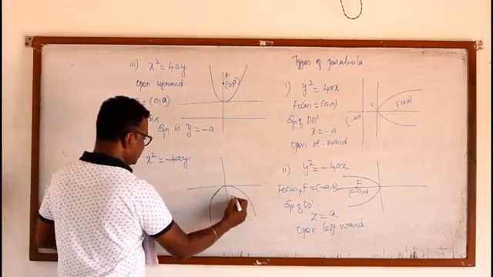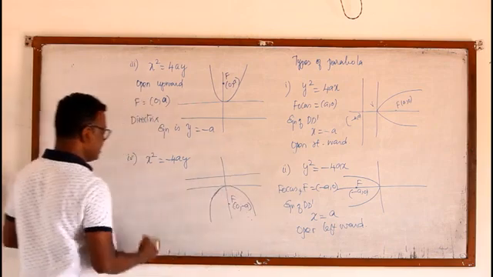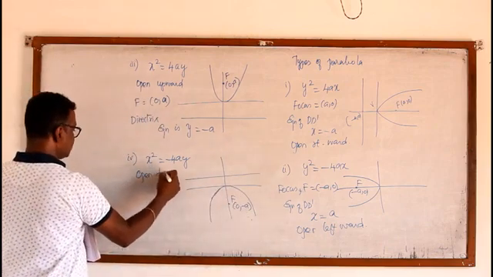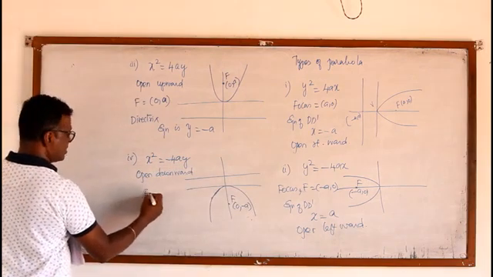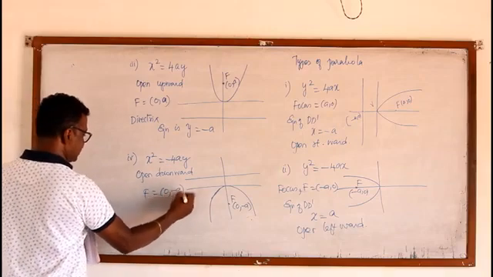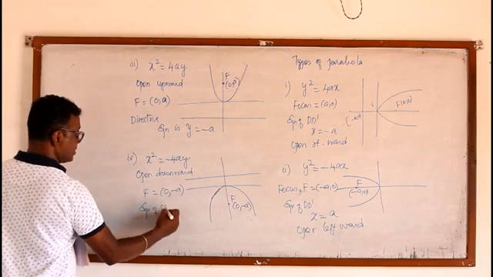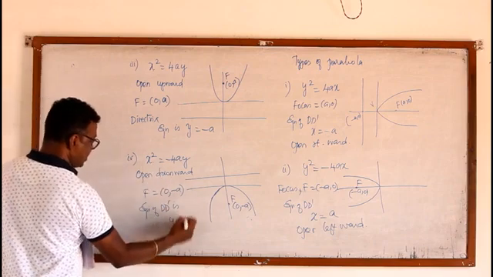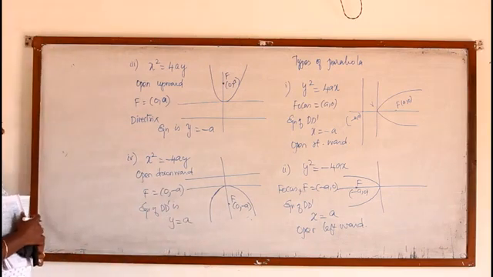The focus is 0, minus a, and the directrix will be lying here. Therefore the curve opens downward, the focus will be 0, minus a, and the equation of the directrix dd dash is y equal to plus a. So these are the types of parabola.